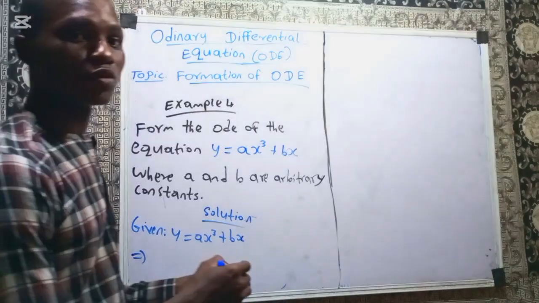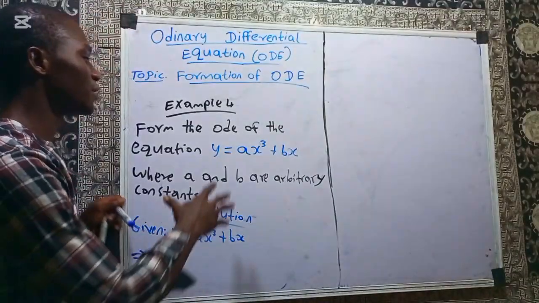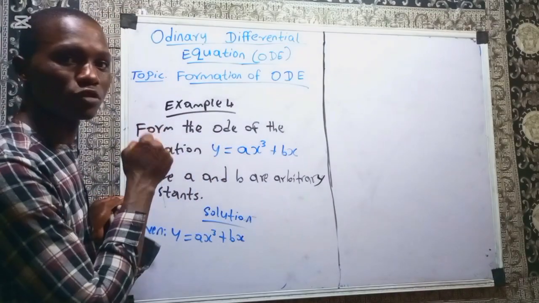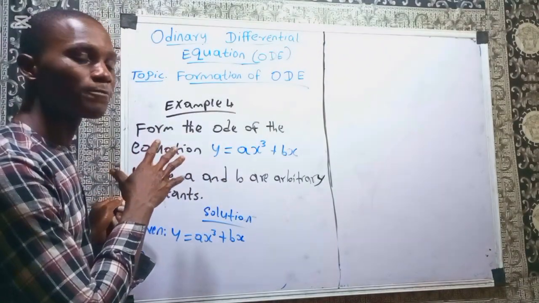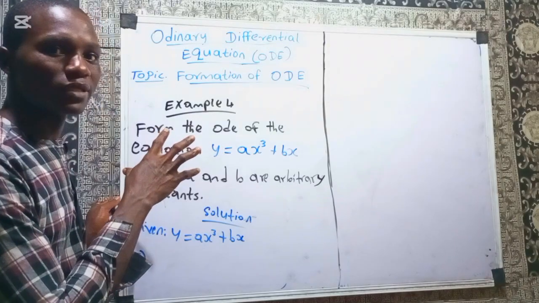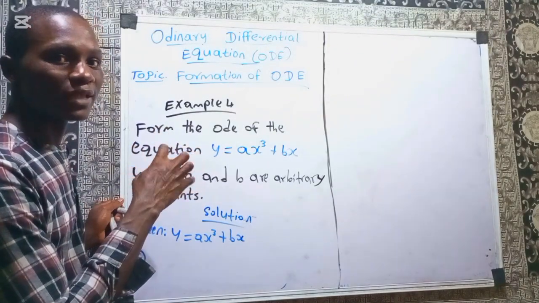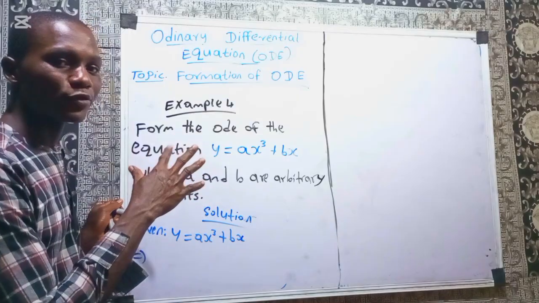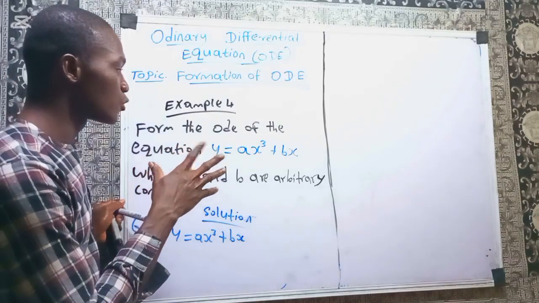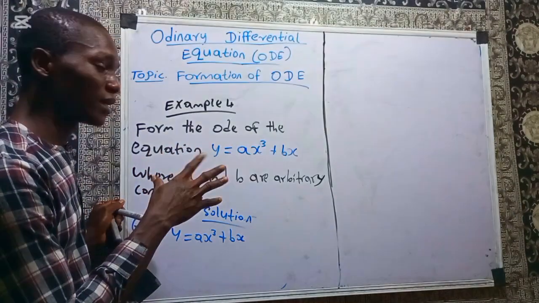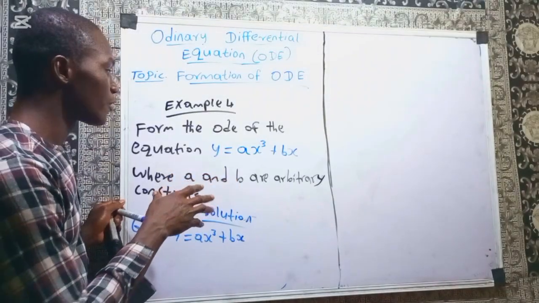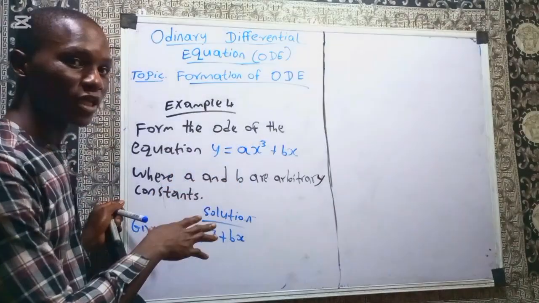Before we continue, what we have here is a polynomial. For the other examples we treated, all were transcendental functions: sine, exponential and cosine functions. So we have a polynomial function here.